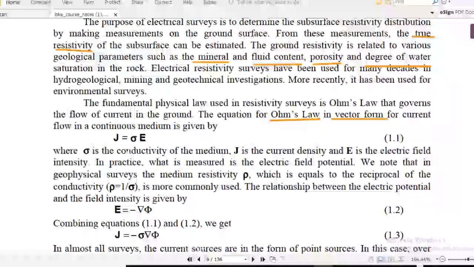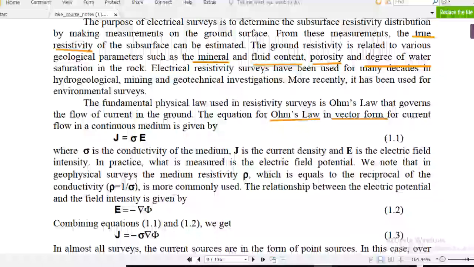So J is equal to this one. The current density is equal to the conductivity of the medium times the electrical field. This is a basic relation.